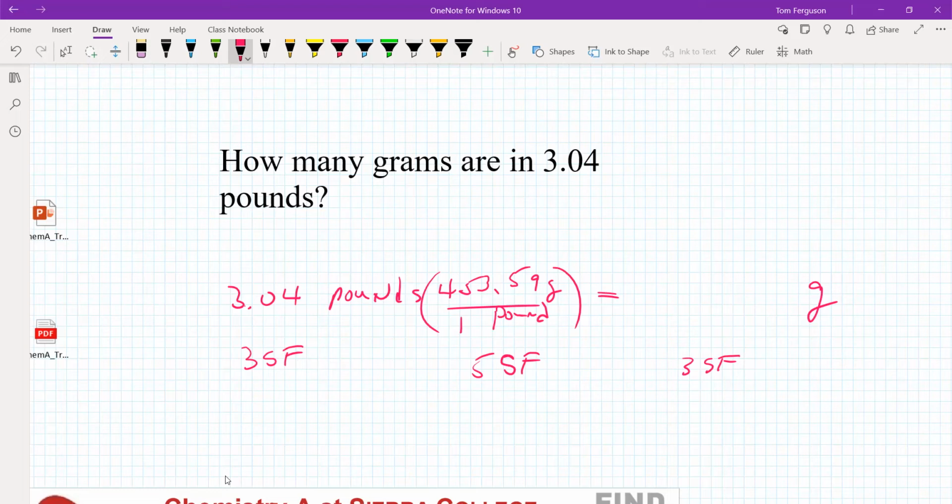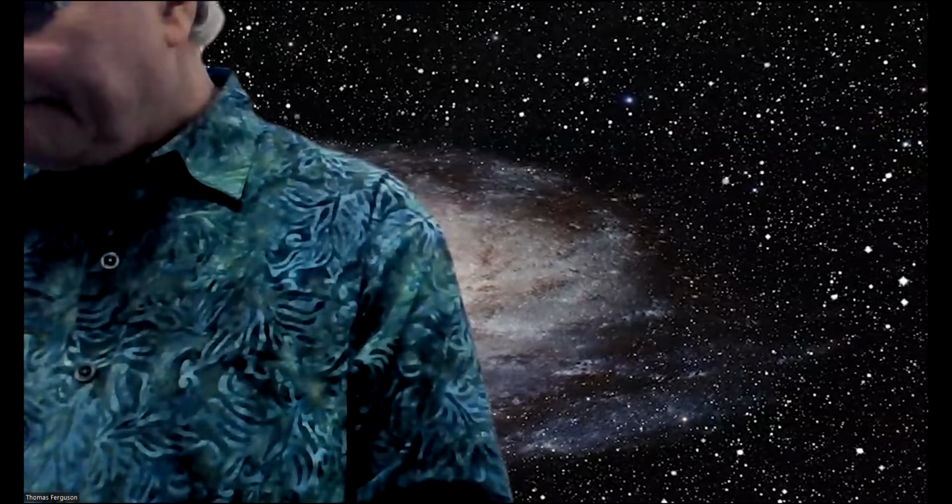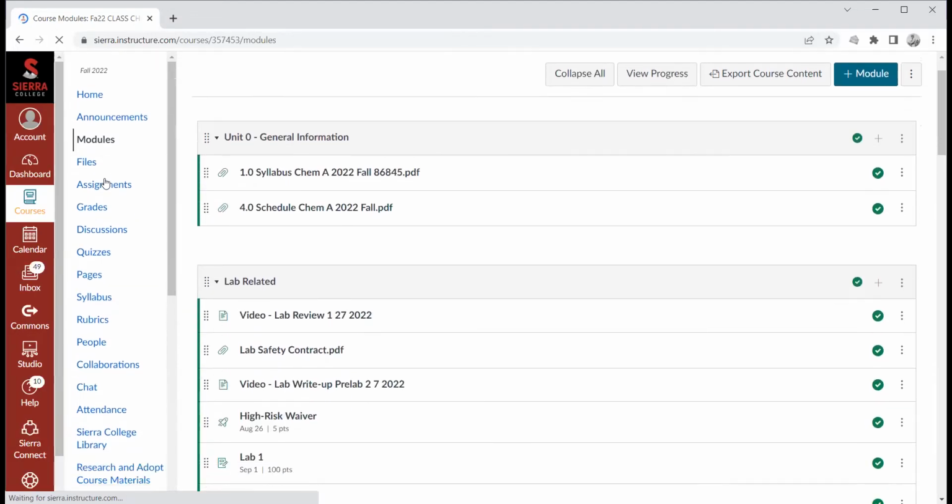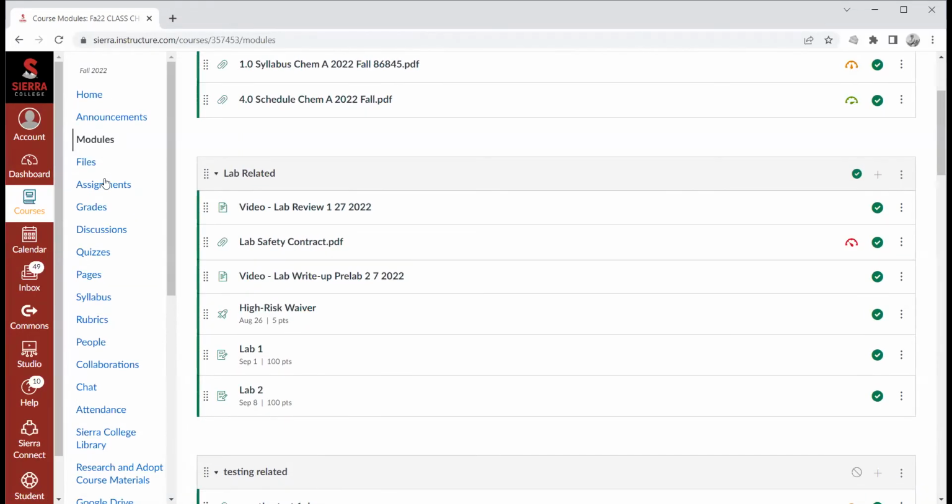I would go to modules first. Everyone, go to modules first. If it isn't there, you can go to files. I try to put everything in modules.